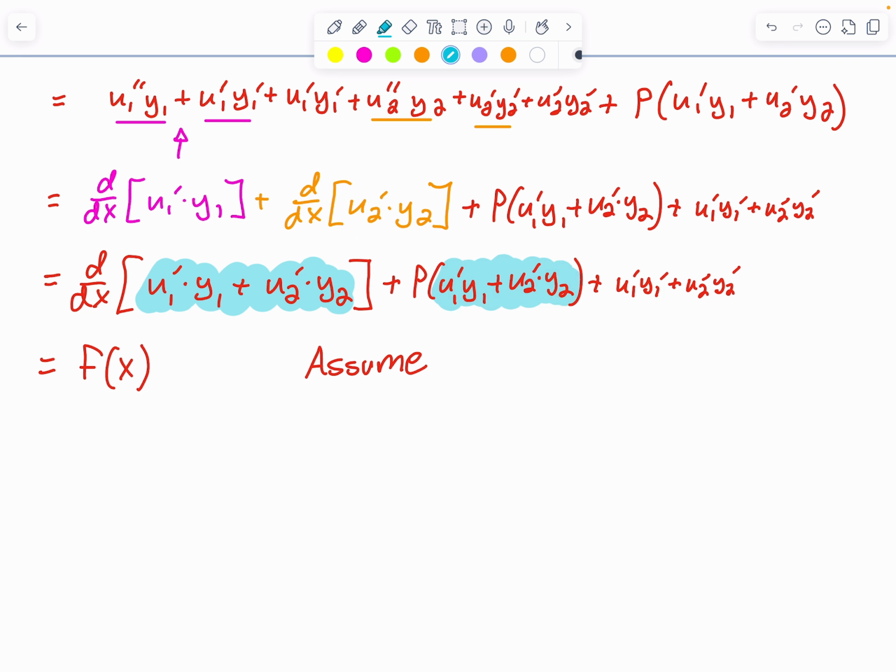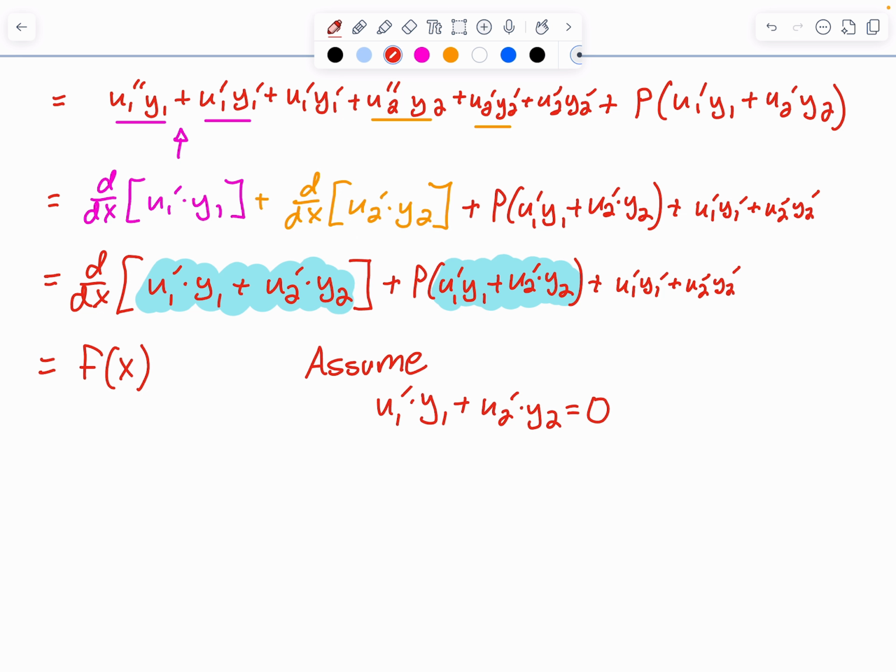Those two things are the exact same thing. We did that on purpose. Somebody worked with this, manipulated it. I knew our end goal, and I just headed toward there. All right, so what we're going to assume is that U1 prime times Y1 plus U2 prime times Y2, we're going to say, hey, that would be really nice if that was a 0.